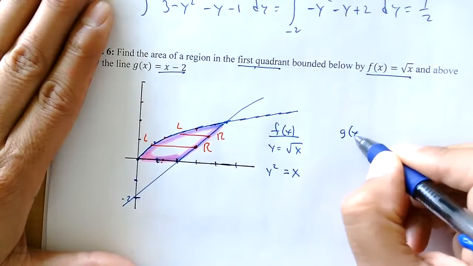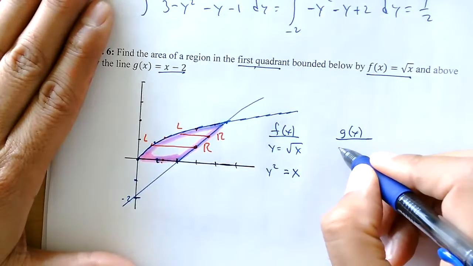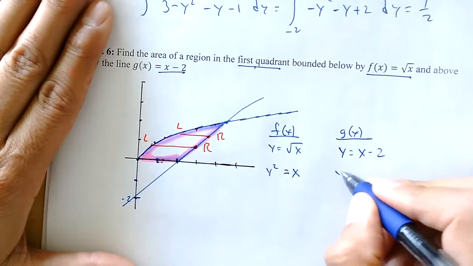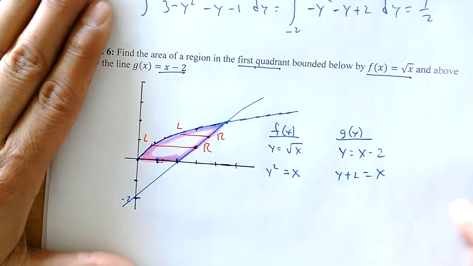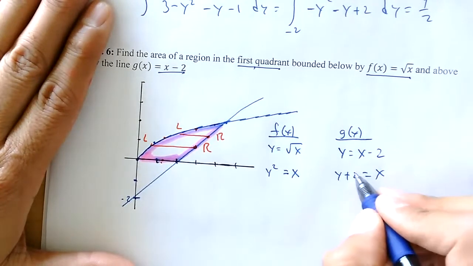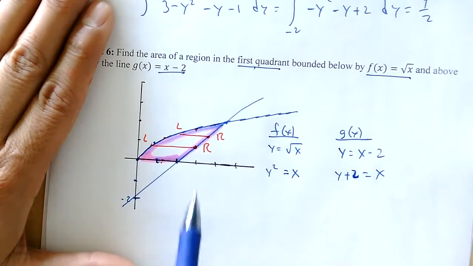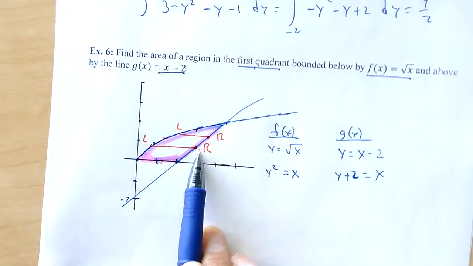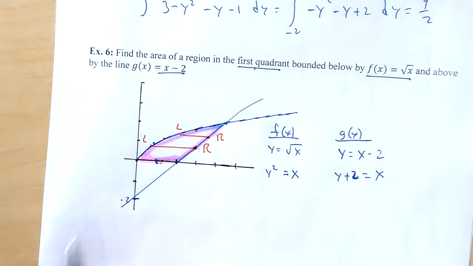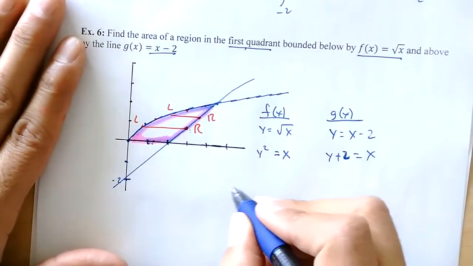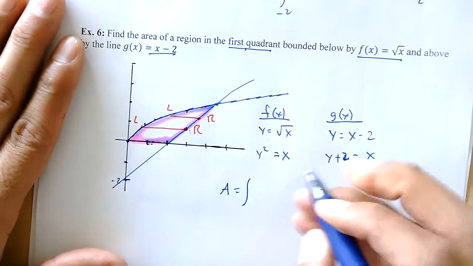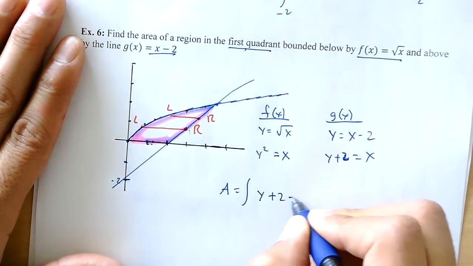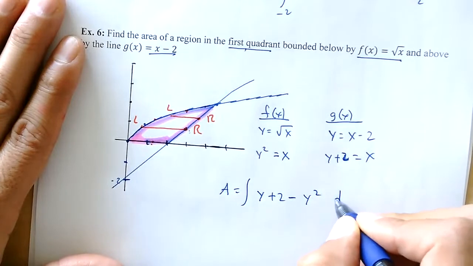And the g of x function, where'd it go? In terms of y. So I'll be dealing in terms of y. The right side is the line, the left side is the parabola. So area equals the right minus the left in terms of y.